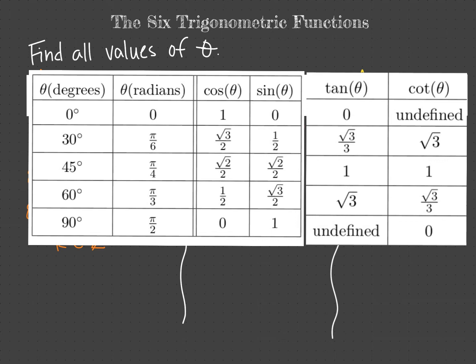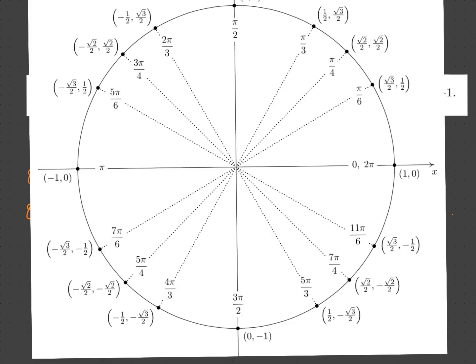Where would the cosine and the sine, or the x and y, be opposite values? Well, that would be in quadrants 2 and 4. If we take a look at our unit circle in quadrant 2 and then again in quadrant 4 at our pi over 4 family, we will be at 3 pi over 4 and 7 pi over 4. The cotangent here would be -1. Let's see why. The cotangent is x divided by y. I'm not even going to write this out here, I'm just going to talk about it.